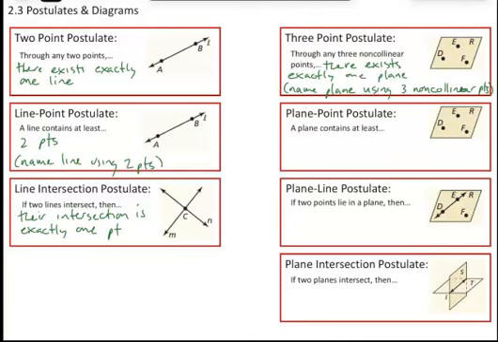And so a plane contains at least, same relationship, at least 3 non-collinear points.